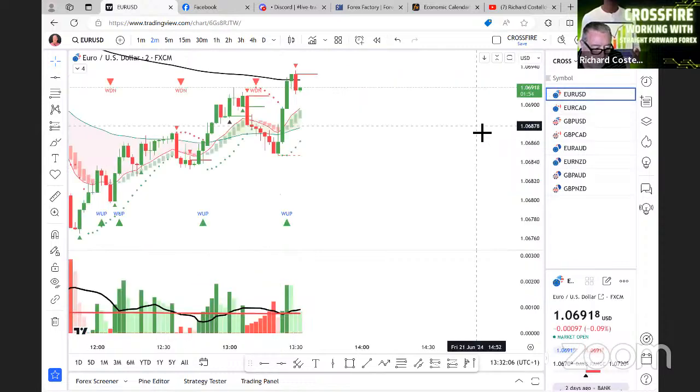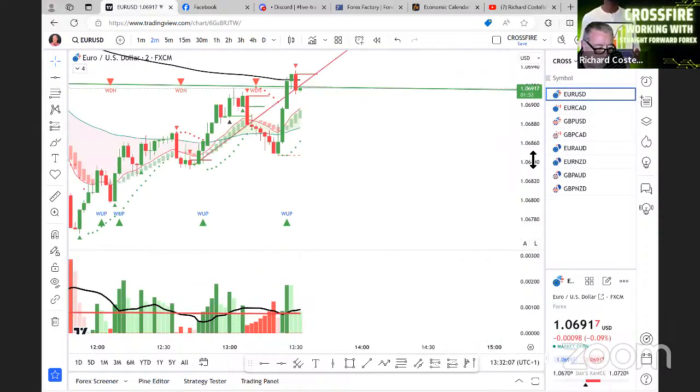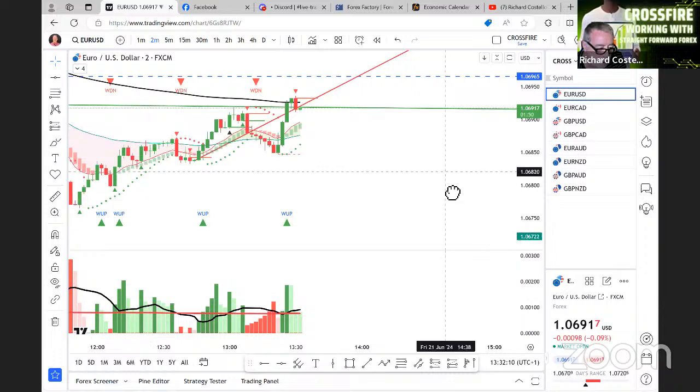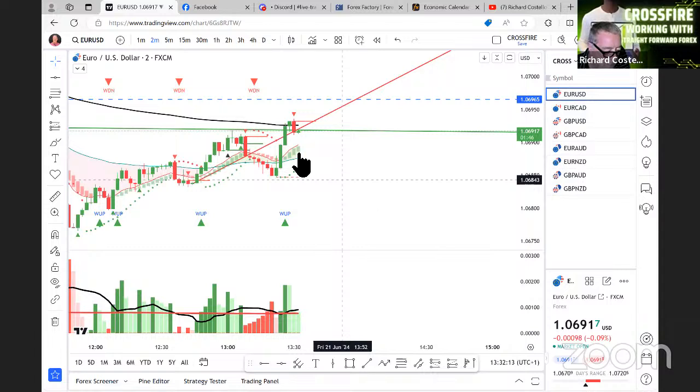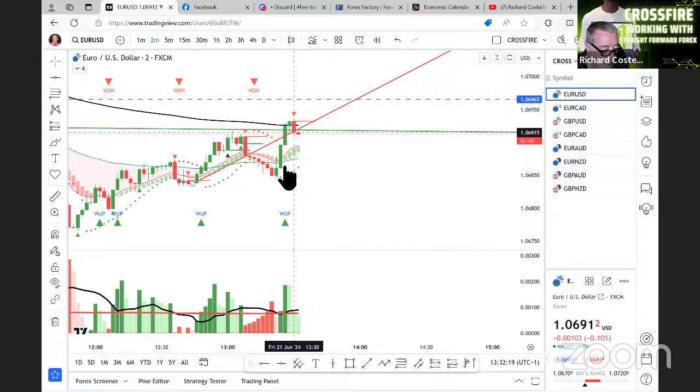Euro US, so this doesn't involve the Canadian dollar, so there shouldn't have been as much impact, and sure enough there wasn't as much impact. That's the 1:30 news. There was a bit of a dip in the US dollar. It was going up and then it reached or just went past the 200 moving average.